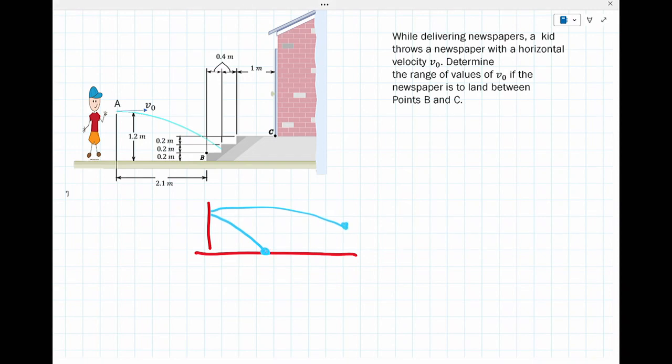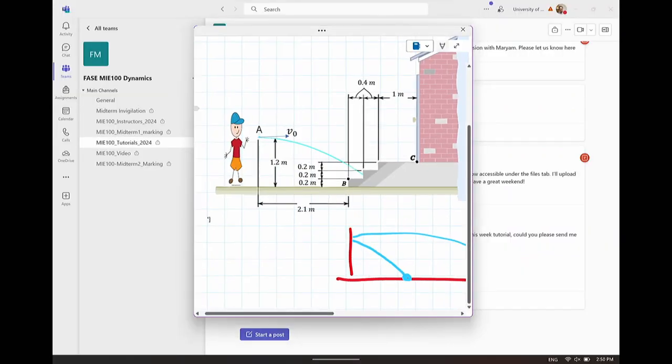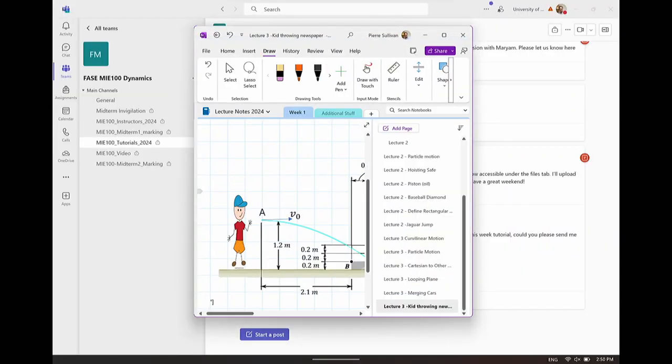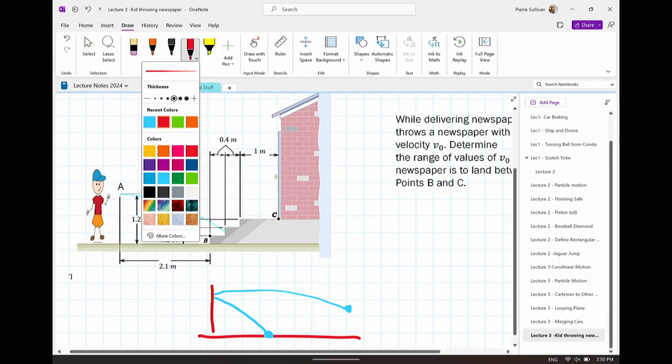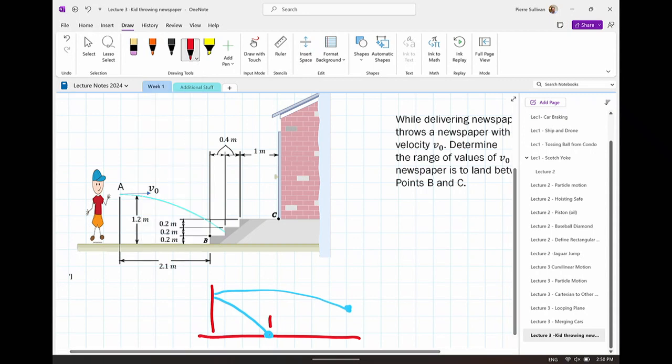If I'm looking at the kid, the kid has to hit either point B or point C. And the projectile path is going to be defined by that light blue line.